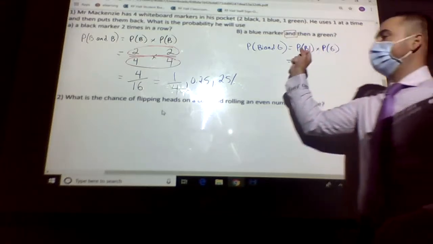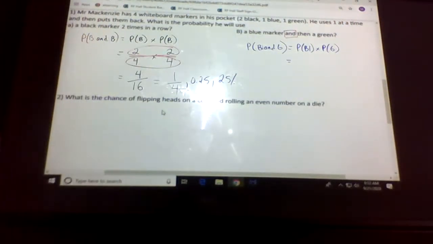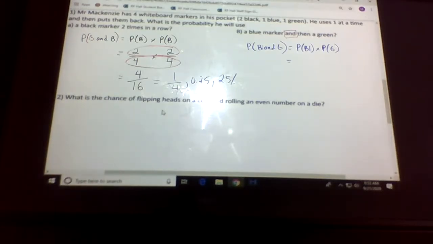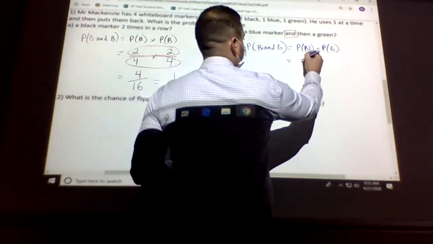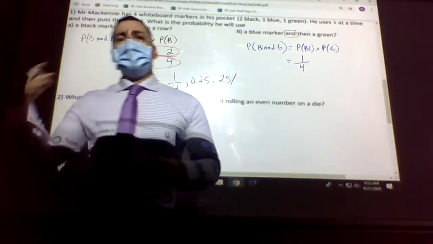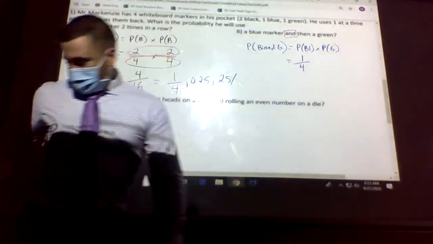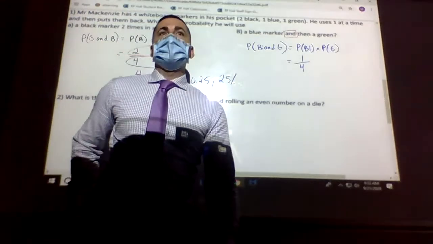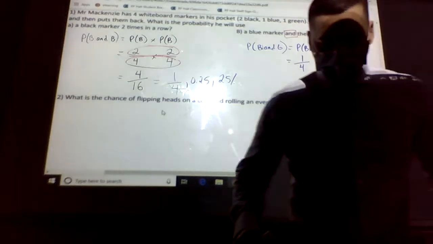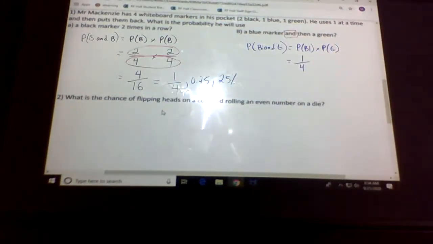Okay, so what's the probability that I reach into my pocket and pull out a blue marker? 1 over 4. So I have 1 blue marker out of a total of 4. So I remove the blue marker, I use it, I put it back into my pocket, and now I want to randomly pick out a green one. What's the chance of green now? 1 over 4 as well.